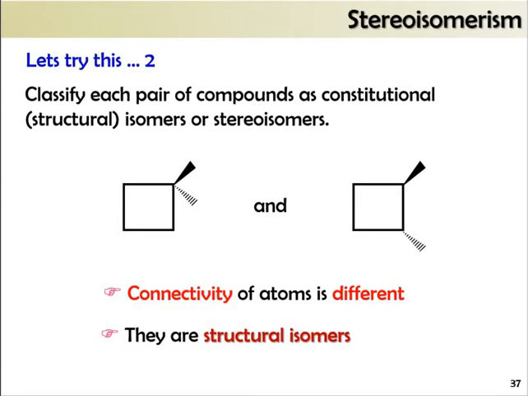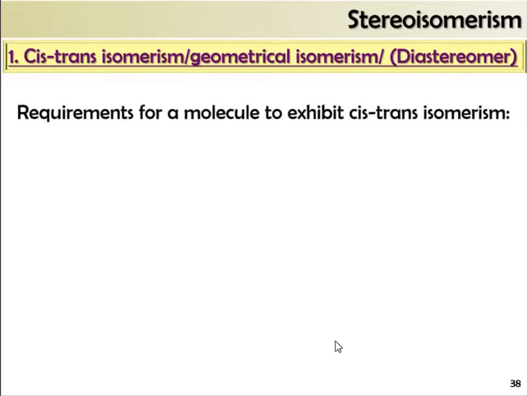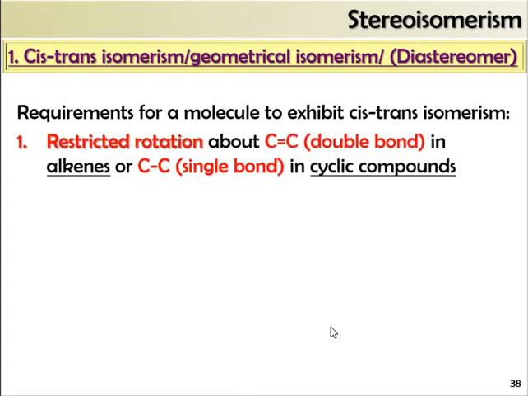Alright, so let me start for the first one, cis-trans isomer or geometrical isomer, or diastereomer. So what is the requirement for a molecule to exhibit cis-trans isomerism? There are two requirements. Number one, they have restricted rotation about carbon-carbon double bond in alkene or carbon-carbon single bond in cyclic compound.